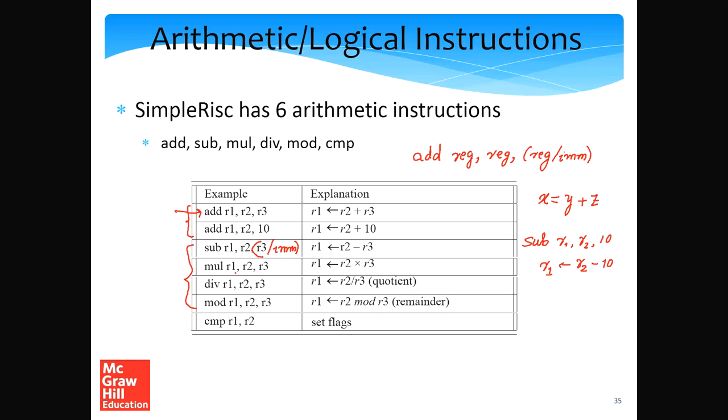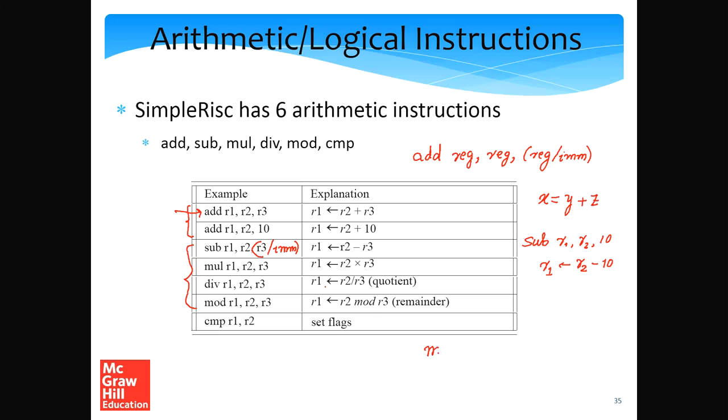Same is the case for multiplication, exactly the same format. Let me write a multiplication instruction with the third operand as an immediate. We shall see that the way of specifying the format is the same.